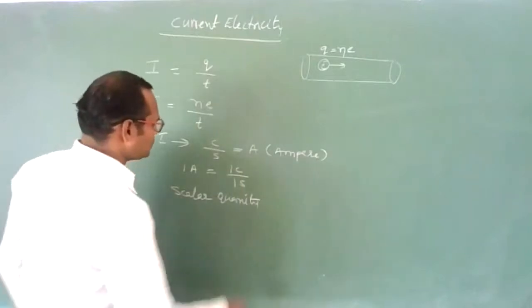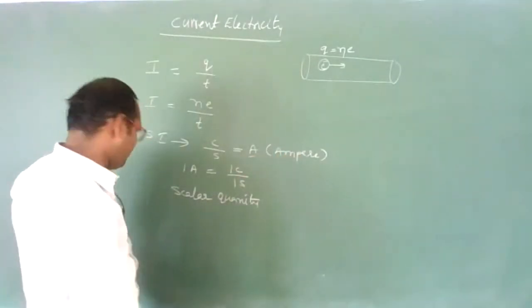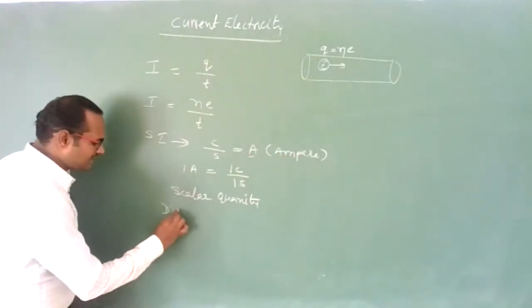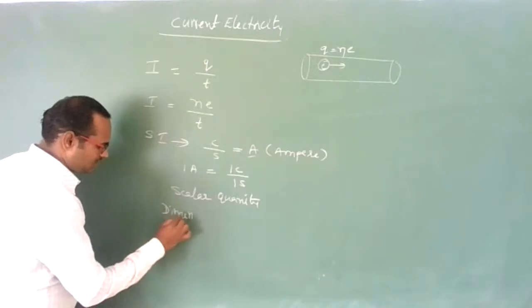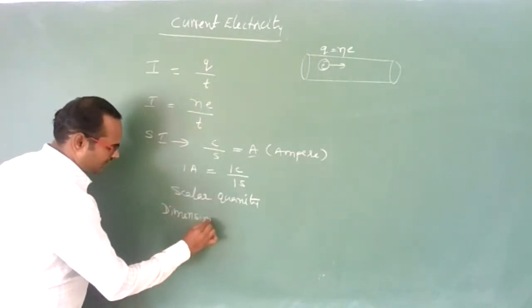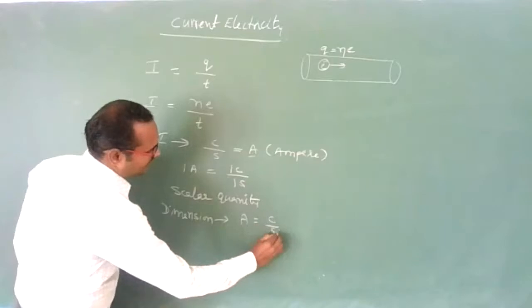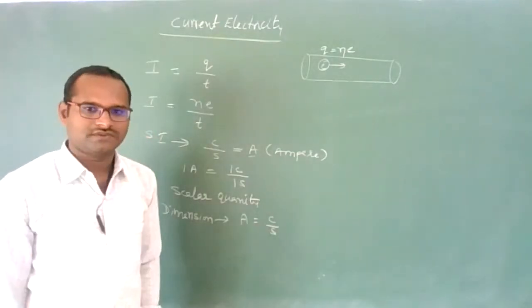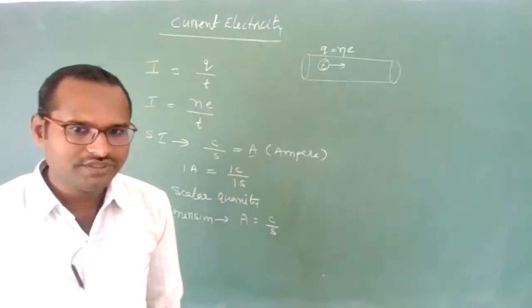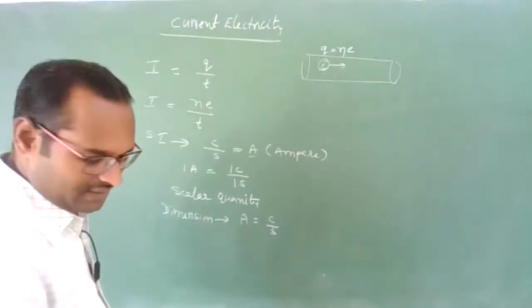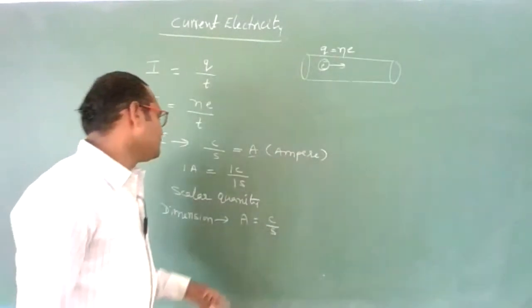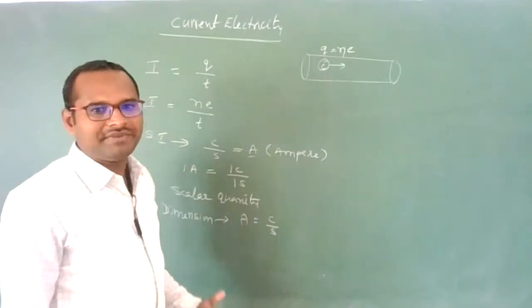So we have defined the SI unit as ampere, and what will be the dimensions of current? Ampere is nothing but coulomb per second. But coulomb is not a basic unit; ampere is a basic unit.